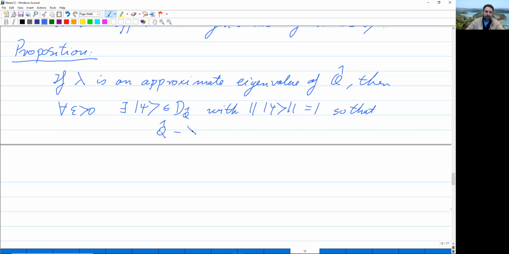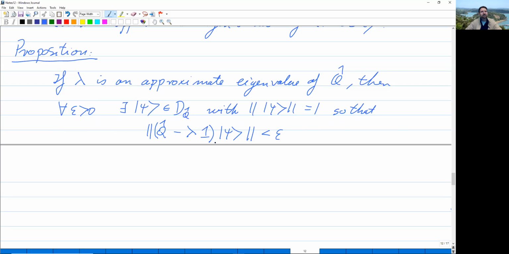Q hat minus lambda times the identity, sorry, this has to act on psi. This acting on psi is a vector whose length is smaller than epsilon. You see, if epsilon is 10 to the minus 1 million, then this means that Q hat minus lambda 1 applied to psi is a vector that's extremely short.